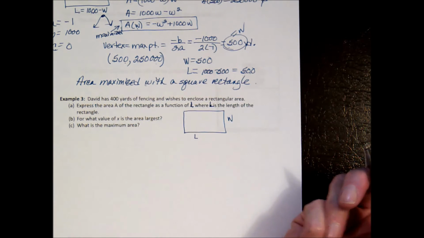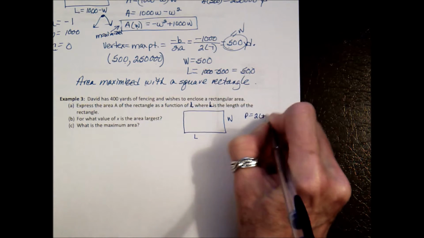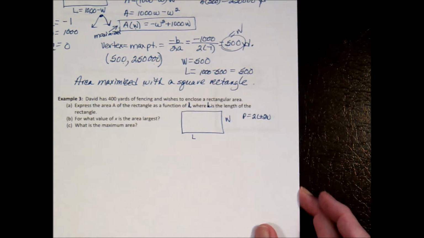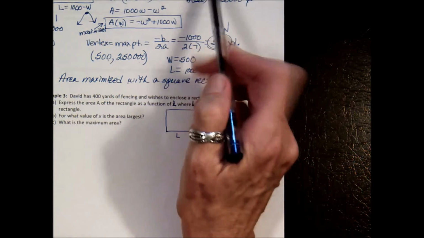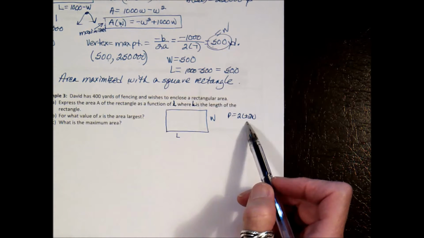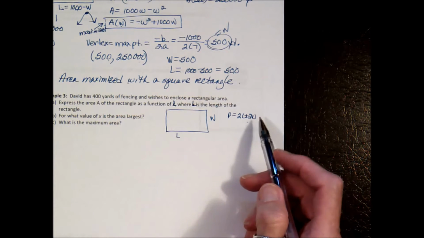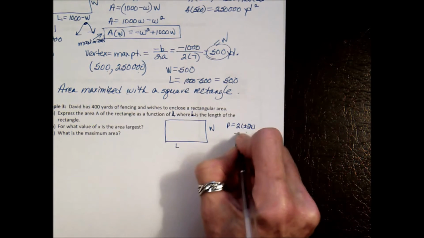I'm going to start out the same way. I know that the perimeter is 2 L's plus 2 W's. Last time we solved so that everything was in terms of W's. I'm going to do it this time so all I have are lengths. So I'm going to solve for W. That means I'm going to subtract 2L.